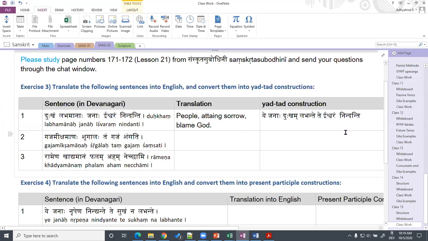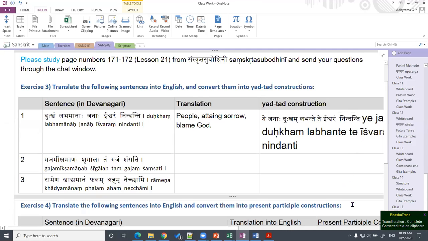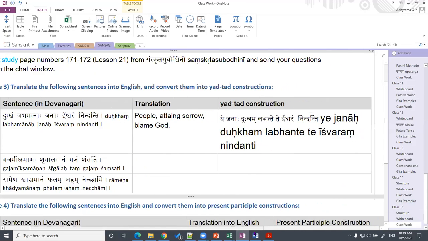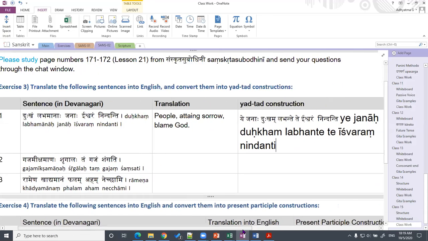That's what it would mean. So it's pretty straightforward in most of the cases, but in some cases it can be a bit odd. Ye janaha dukham labhante, te Ishwaram nindanti.